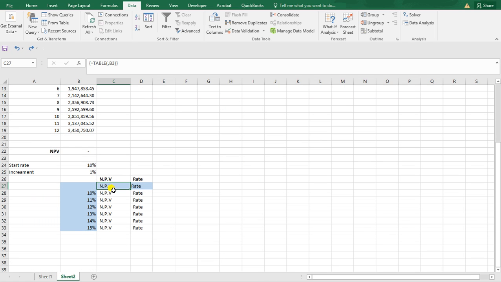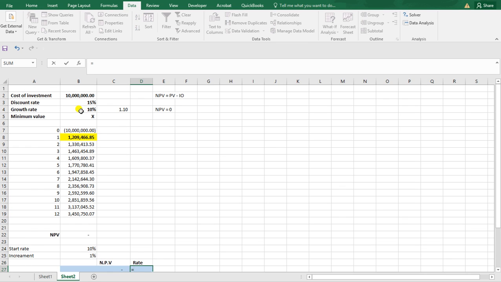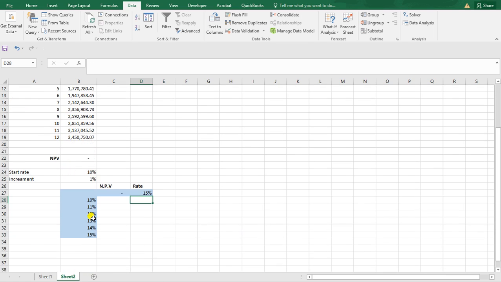Sorry, we come to this bit whereby we insert our NPV, our original input. Our original rate basically is the 15%. Now this is what we are supposed to do. You select your data from where your data set is, not including the title, right?